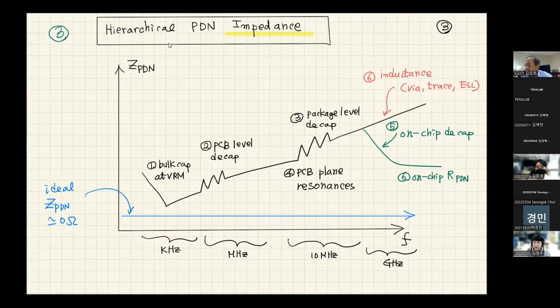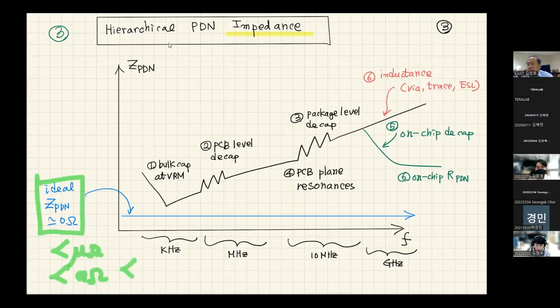Let's take a look at this slide step by step. We want to have ideal PDN impedance. Probably that should be less than micro ohm or nano ohm in the long future.